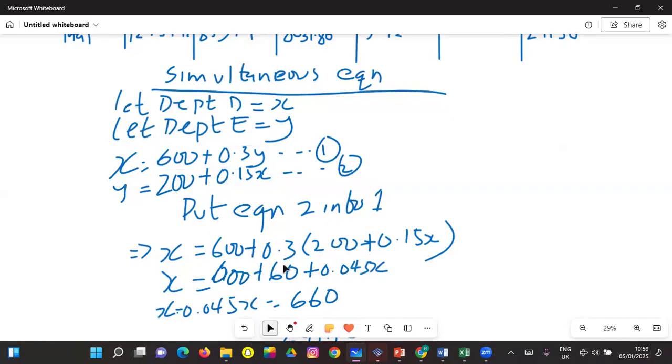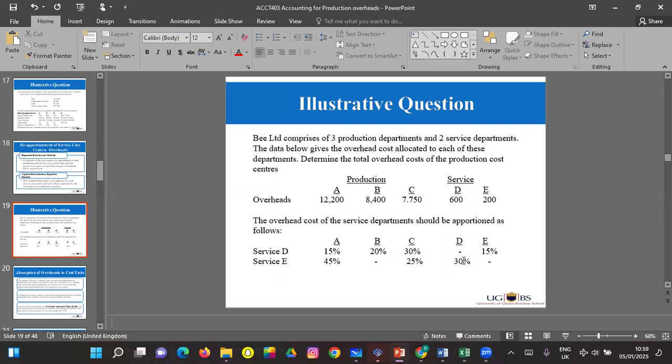So you just look at it here, and take 600 plus 30% of 200 plus 15% of what? Y. Then you move on.